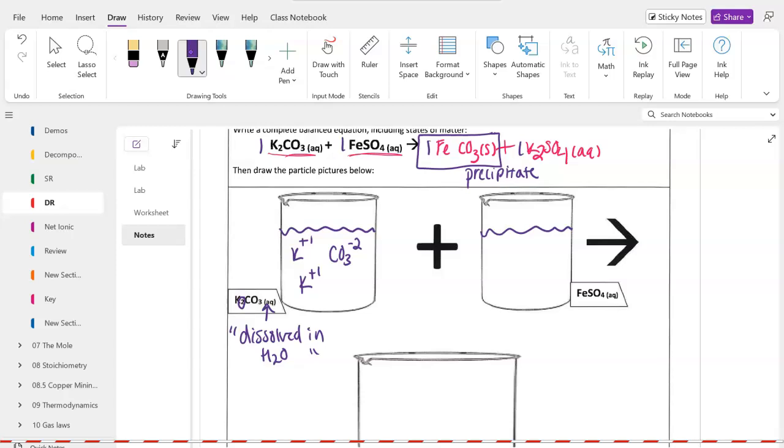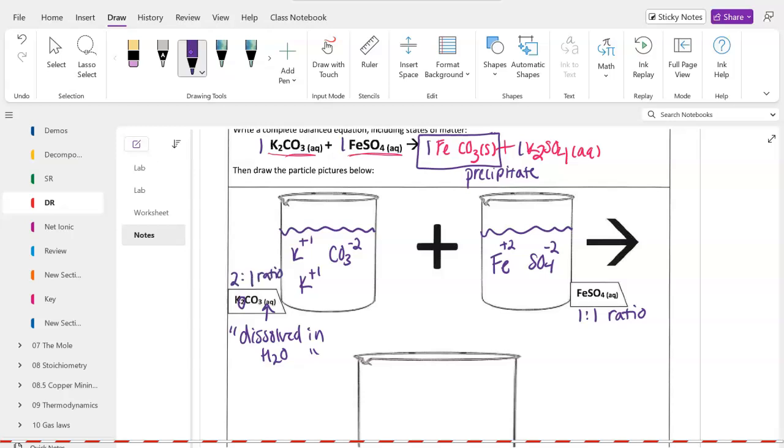So that's my first reactant. My second reactant is this iron 2 sulfate, and I don't have any extra subscripts here, so they're just in a 1-to-1 ratio. So there's my iron 2 charge, and then SO4 is its -2 charge. So this is a 1-to-1 ratio. Potassium carbonate is going to be a 2-to-1 ratio.